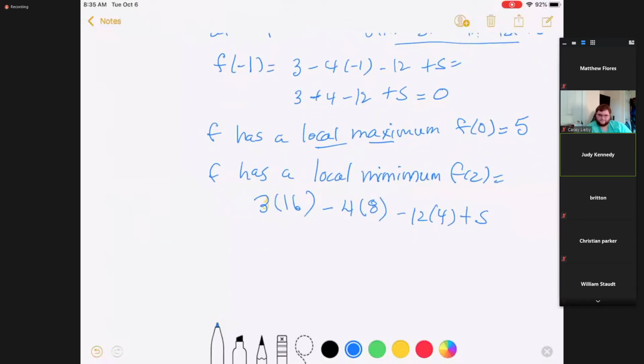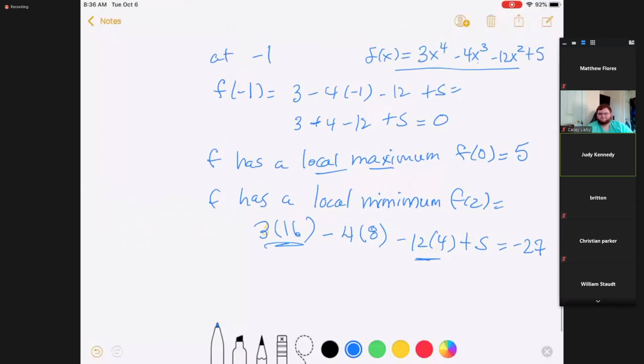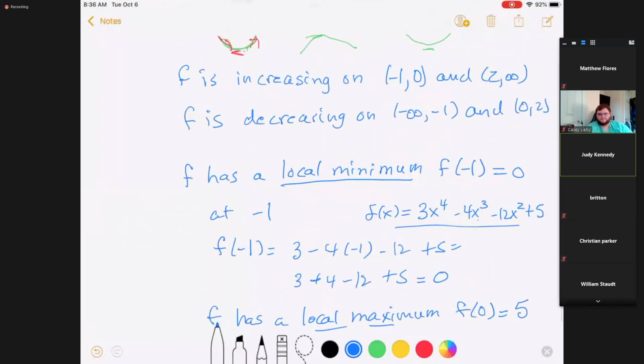Pretty large number. So that's 48, and that's 48, so they cancel out. That leaves minus 32 plus 5 is minus 27. Okay, questions first. Any questions?